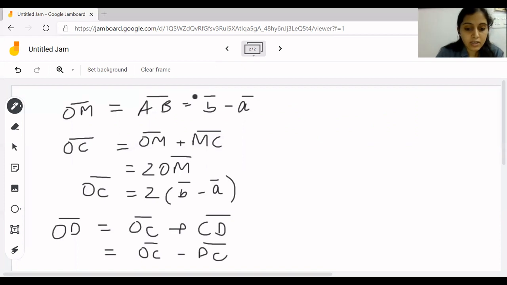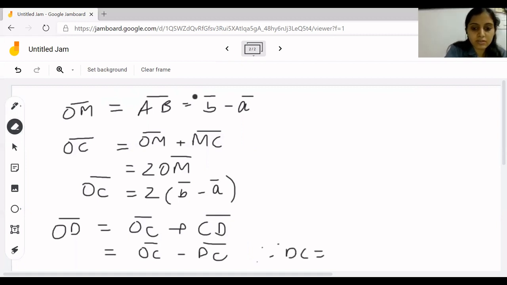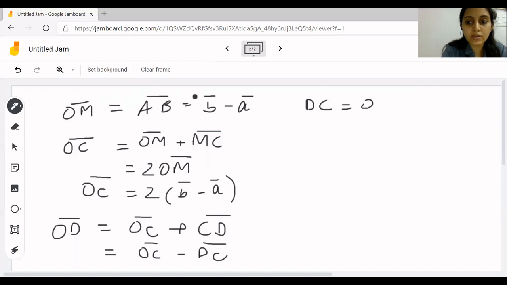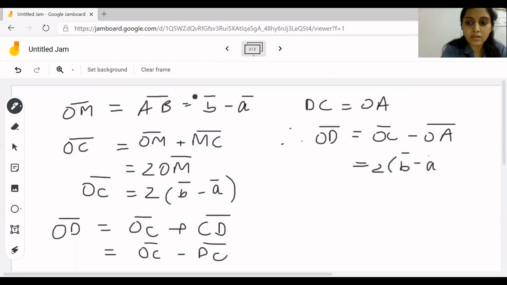In a regular hexagon, DC will be equal to OA. Therefore OD bar is equal to OC bar minus OA bar. What is OC bar? 2 times B bar minus A bar, minus OA bar, which is A bar, which is equal to 2B bar minus 3A bar. This is OD bar.